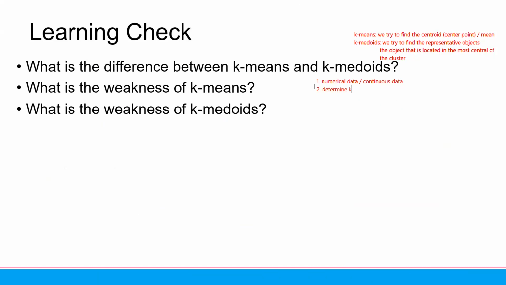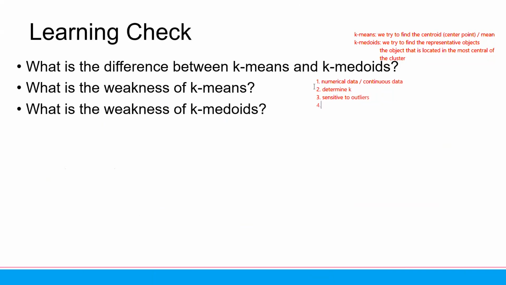It is not automatic, so that's the weakness. And then K-means is sensitive to outliers. If there is a high gap between the values, then K-means does not perform well.